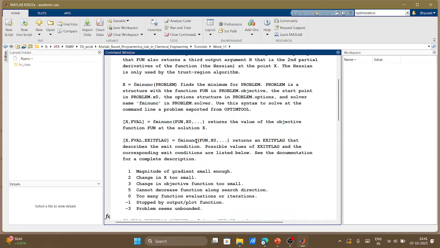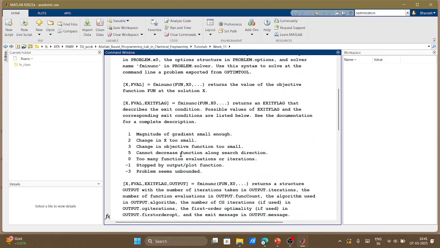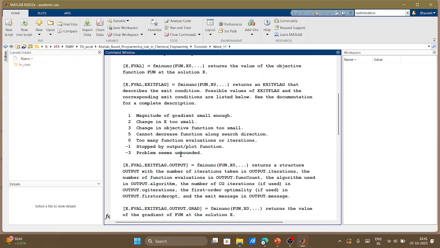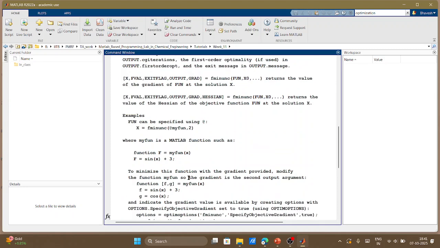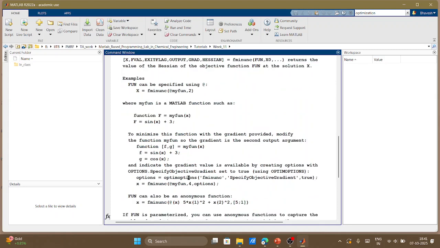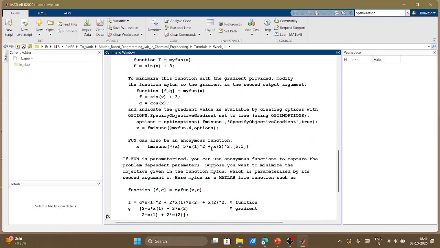You can provide the exit flag. So this is how you can provide your function. Like you can write fminunc, you have to provide the function value and some start point.